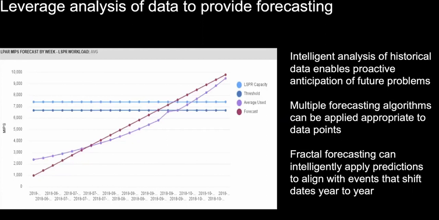I'll talk a little bit more about forecasting in a minute, but just to give you an idea of one of the things that we think is very important here: once you have this information available and analyzed for investigating what's happened in the past, it's really difficult to then convert all that into understanding what to do next.